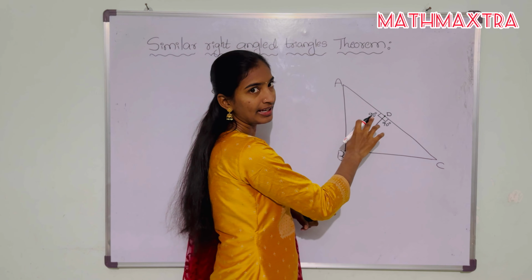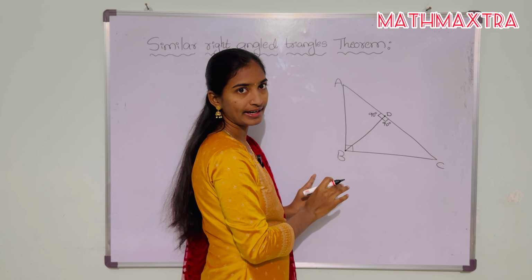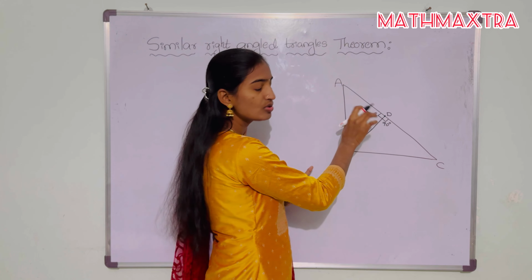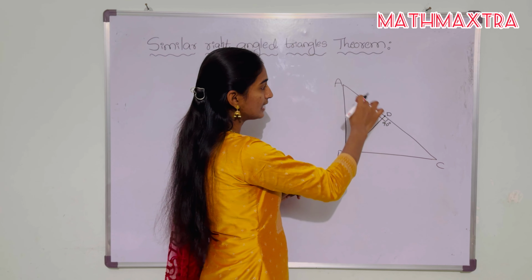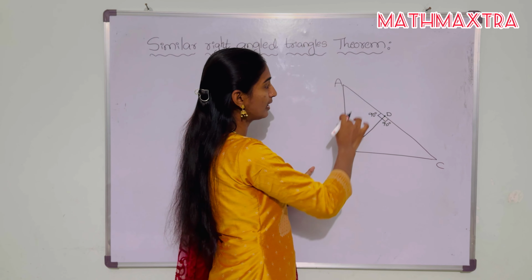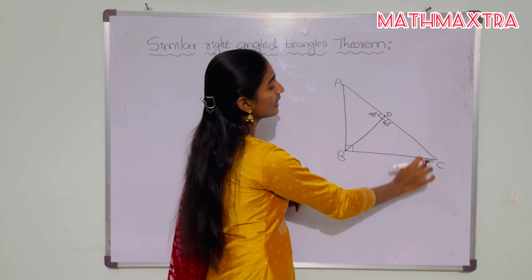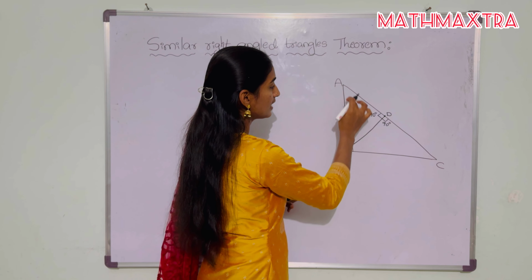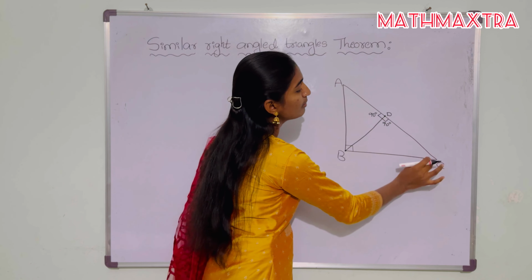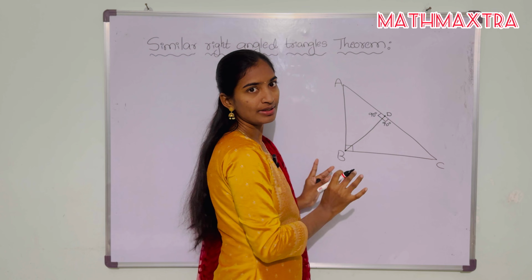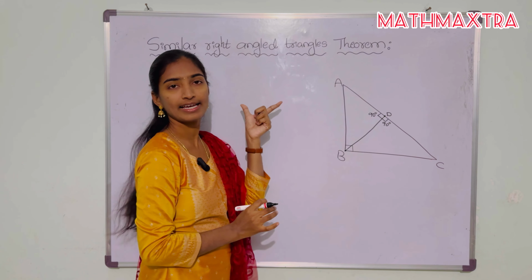Those two right angle triangles are similar to each other, as well as each of these triangles is similar to the original triangle ABC. That is, triangle ADB is similar to triangle ABC, as well as triangle BDC is similar to triangle ABC. So this is the statement of the right angle triangle theorem.